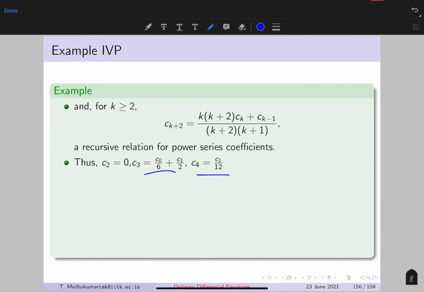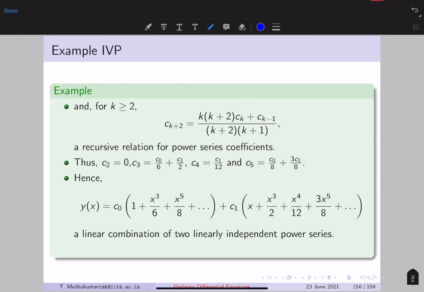So c2 has become 0. c3 is depending on two constants, c4 is depending on c1, c5 is depending on c0 and c1. So you see, every odd index constant is depending on c0 and c1, whereas even will depend on c1.